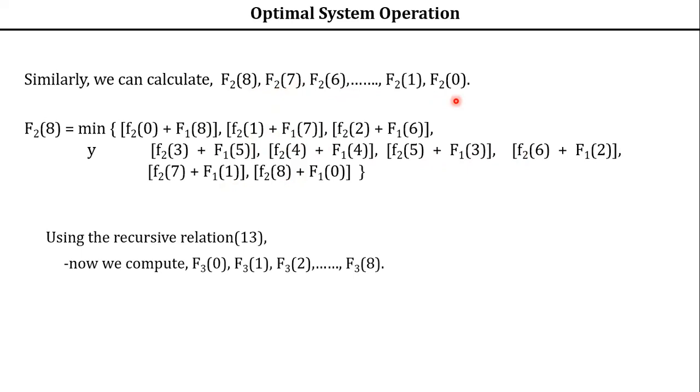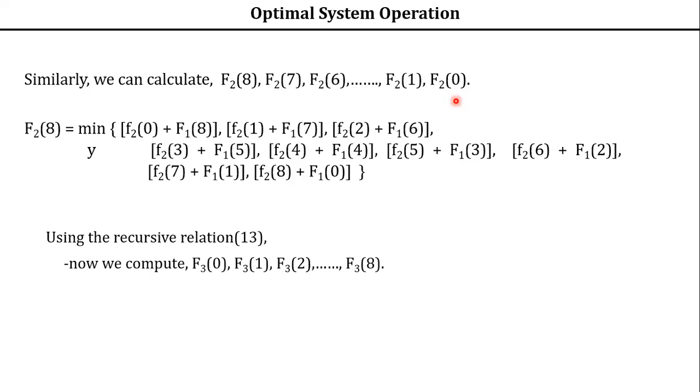Then what you have to do? This is for F2 of 8. F3 you have to do. For F1 of 9, F2 of 9, F3 of 9, F4 of 9, I have explained it. Similarly, repeat this to calculate F2 of 8, F2 of 7.